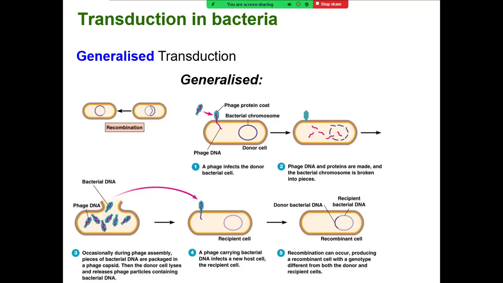And an important part of this is, if this cell has a gene for antibiotic resistance, that gene can move into this cell by this virus. And then the cell can express the gene for antibiotic resistance.